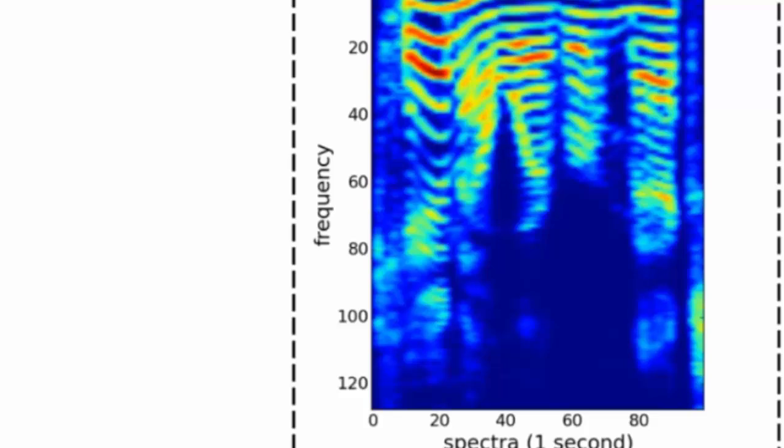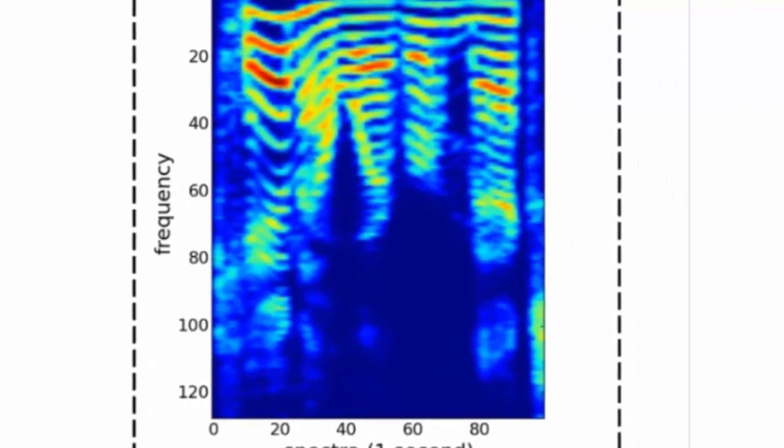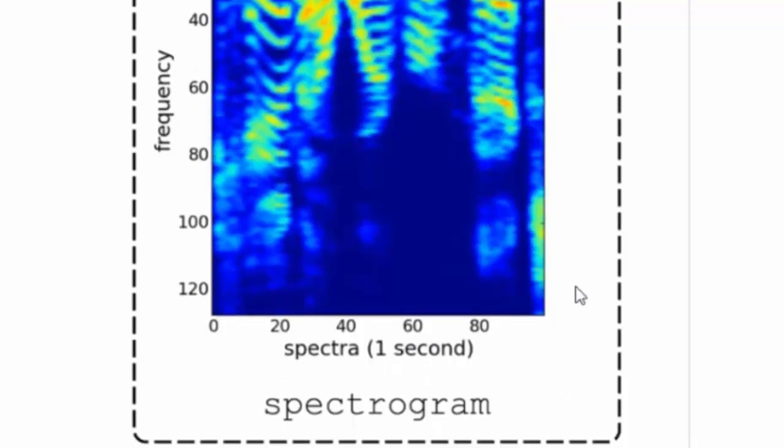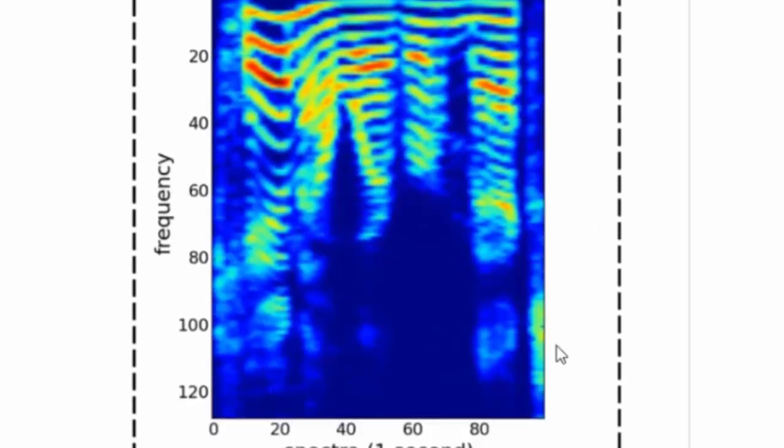If you want to visualize what a spectrogram looks like, I have created a video on audio denoising where we talked about spectrograms. Here is an image of a spectrogram from a research paper, which I am going to talk about.